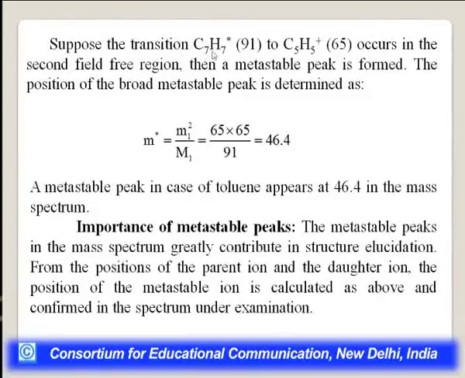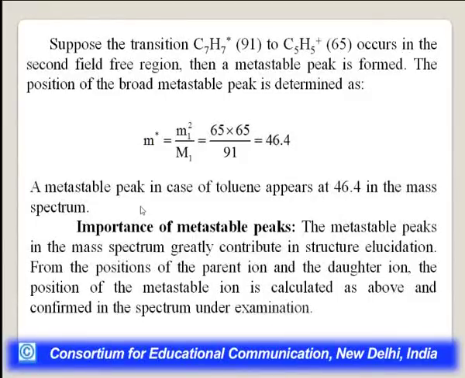Suppose the transition of the C7H7 metastable ion to this occurs in the second field free region, then a metastable peak is formed and the position of the broad metastable peak can be determined in this way. So, a metastable peak in the case of toluene appears at the value of m/e 46.4.